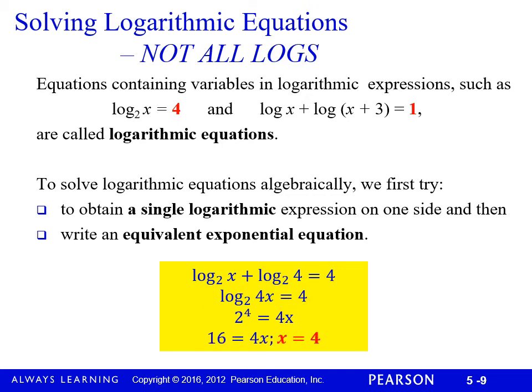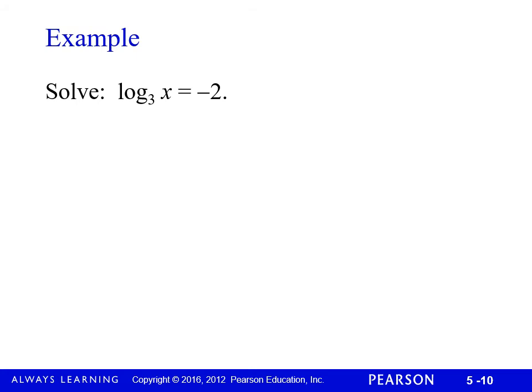So 2 to the power of 4 is 16. 16 equals 4x, and that just simply gives us x equals 4. Okay? So when we have a logarithmic equation that doesn't have all logs, what we're going to do is get all the logs on one side, then make it into a single log on that one side, and then rewrite that as an equivalent exponential equation.